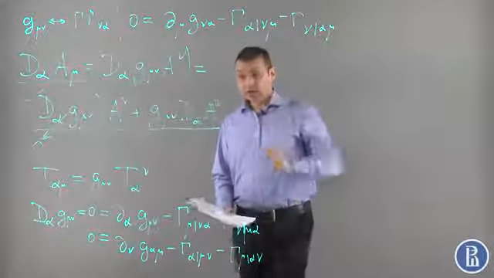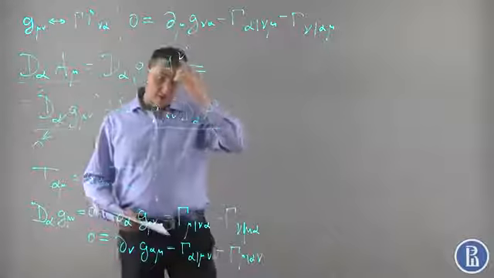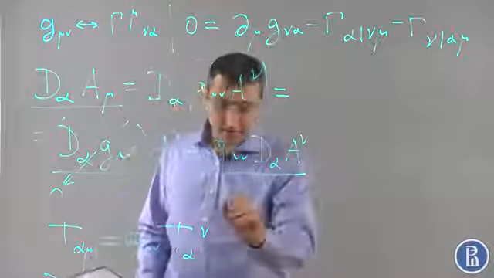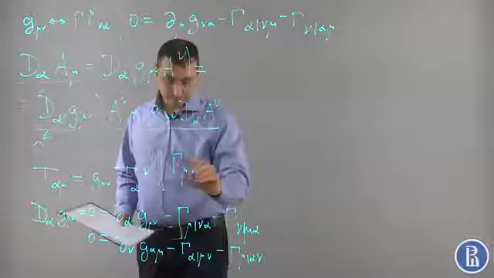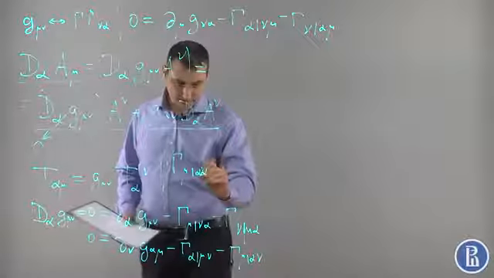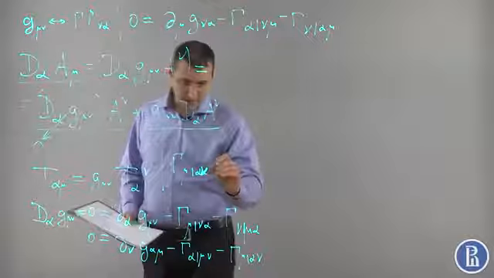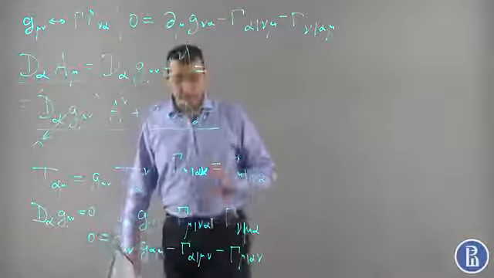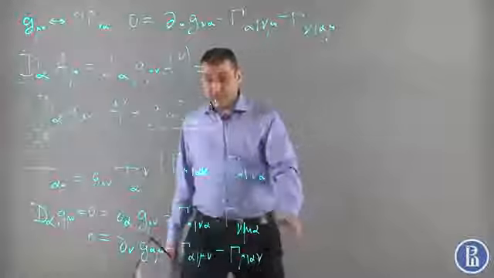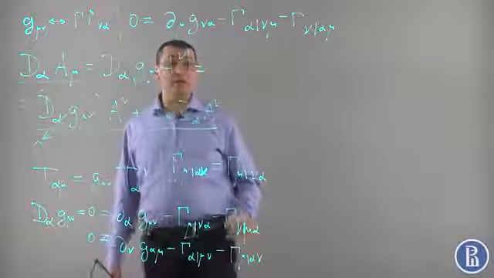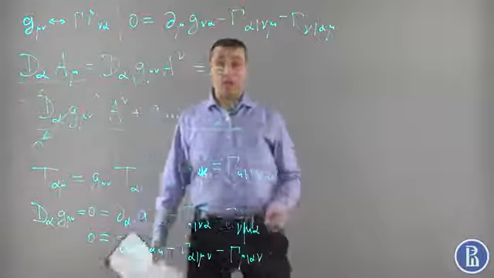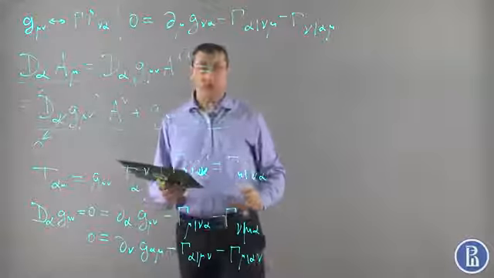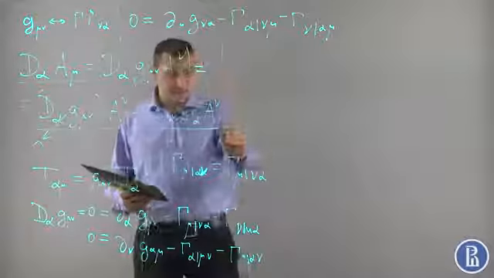So we get 3 equations, actually, on 3 quantities. We have to use the symmetry property of gamma. As we know, this is symmetric. So then we have an algebraic equation on gamma. We can solve these 3 equations with respect to gamma to obtain the following.